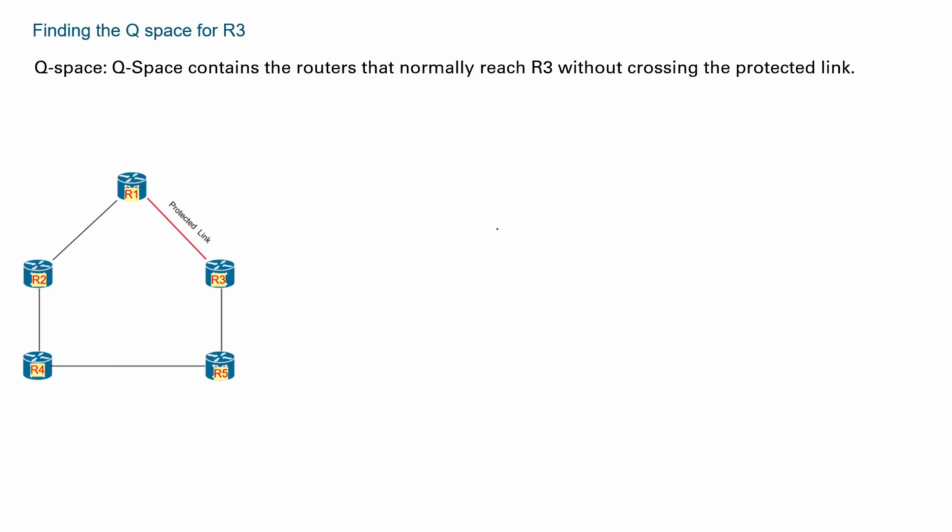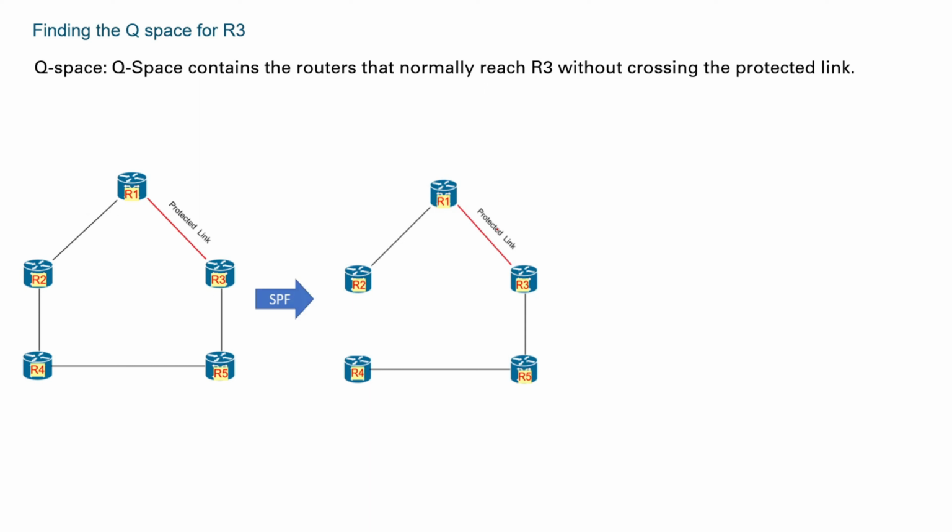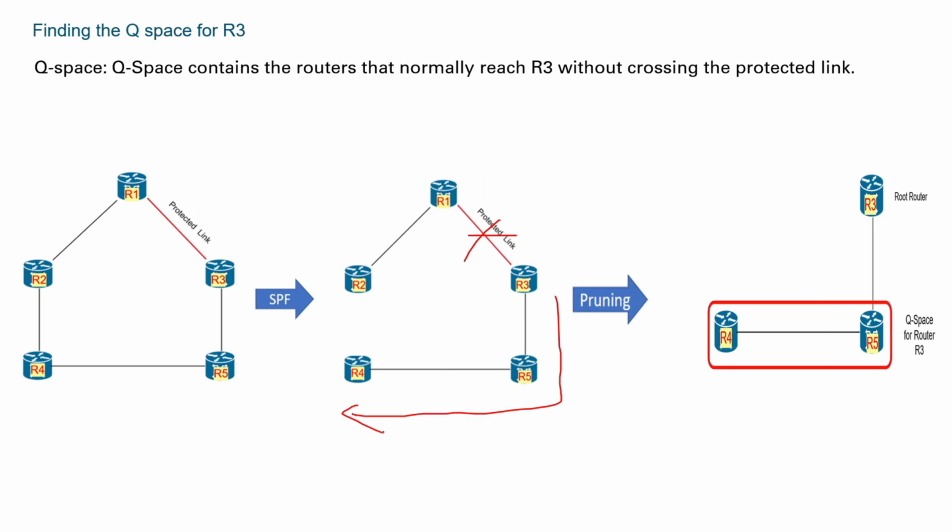If we talk about the Q space for R3, if we run the SPF for R3, this is the SPF graph for it. And if we remove this particular link from here, then R3 can reach till R4. So this has become the Q space for R3.